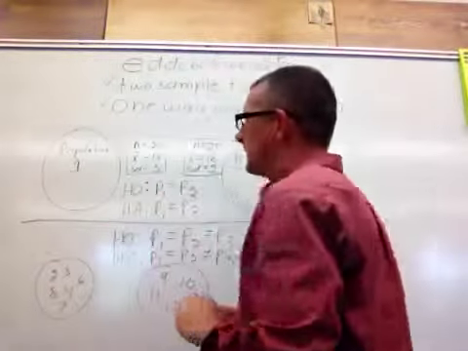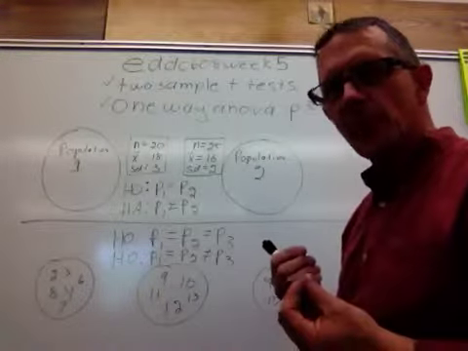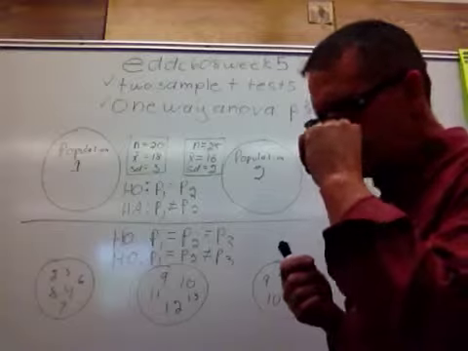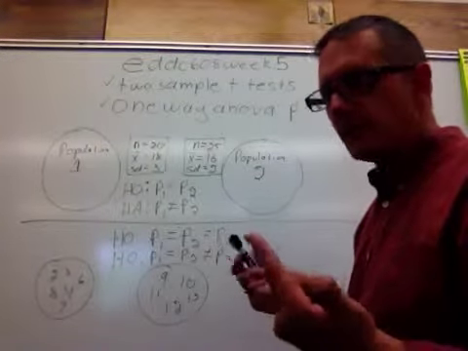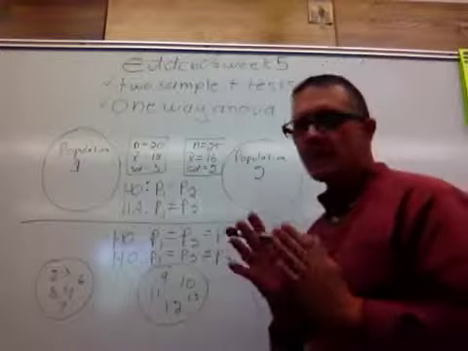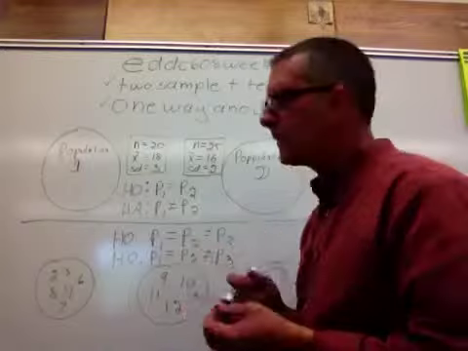Now, let me give you some examples. You can compare any two populations by taking samples from them and using a two-sample t-test to determine whether you can reject the null hypothesis that the population means are the same. What is commonly done in research is you have a control and an experimental group.